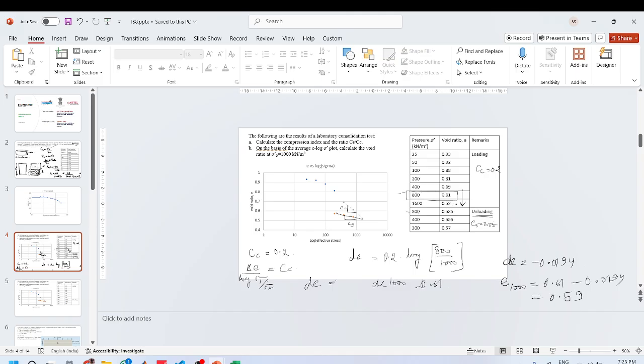So you see, it has to be greater than that at 1600, but it has to be lesser than that at 800. So it quite matches. So I think it is fine. e1000.